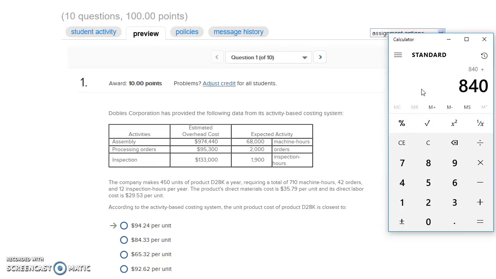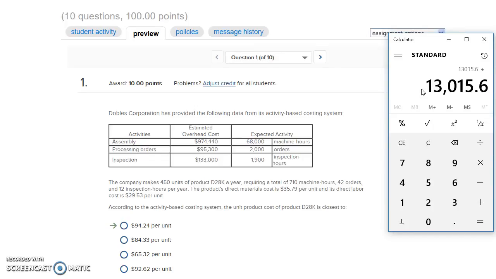Now I'm going to add all these costs together. So I have 840 plus the 2,001 for the processing orders, plus the 10,174.30 for the assembly. So my total cost for this D28K material specifically is going to be $13,015.60 in overhead. We anticipate making 450 units of this D28K.